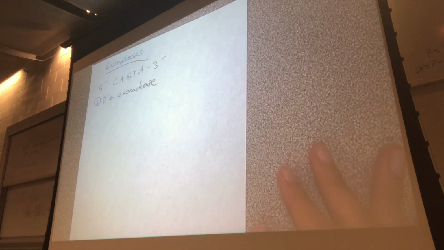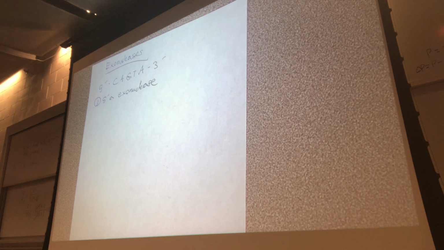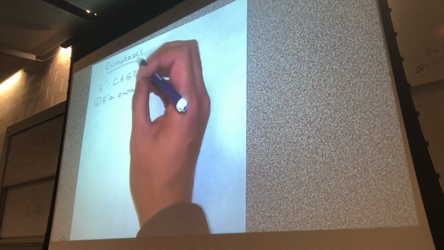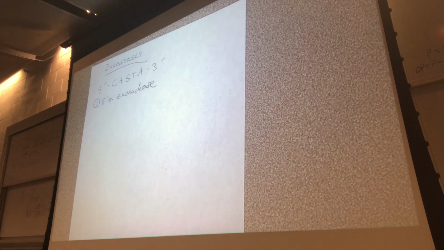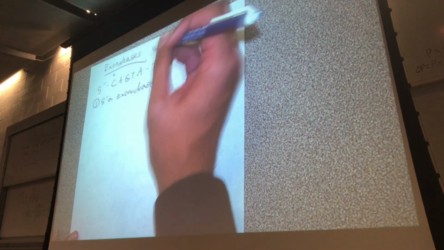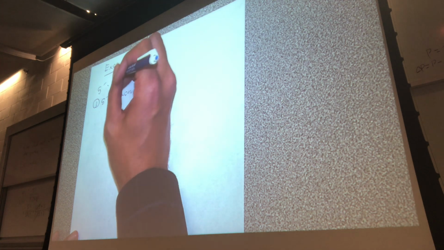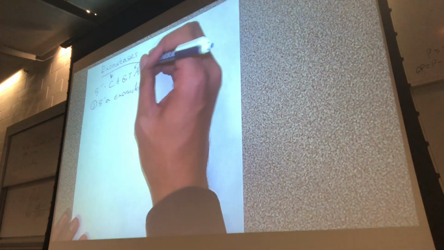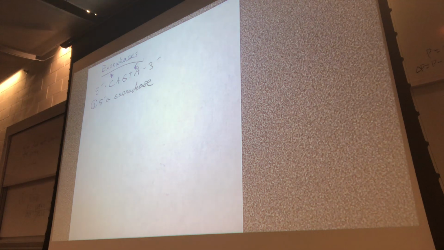You can contrast that with an endonuclease, which will cut somewhere in the middle of a DNA or RNA sequence. So exonucleases are only able to remove nucleotides one at a time from the ends of a sequence.